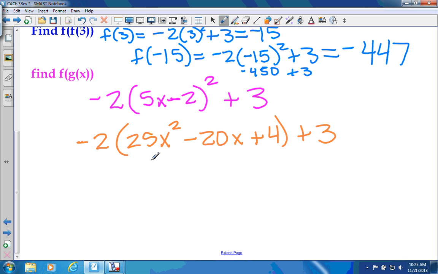Squaring this would get you 25x squared minus 20x plus 4, because when you multiply those two together you get a negative 10, and you're going to do it twice. Distributing then you'd get a negative 50x squared plus 40x minus 28.